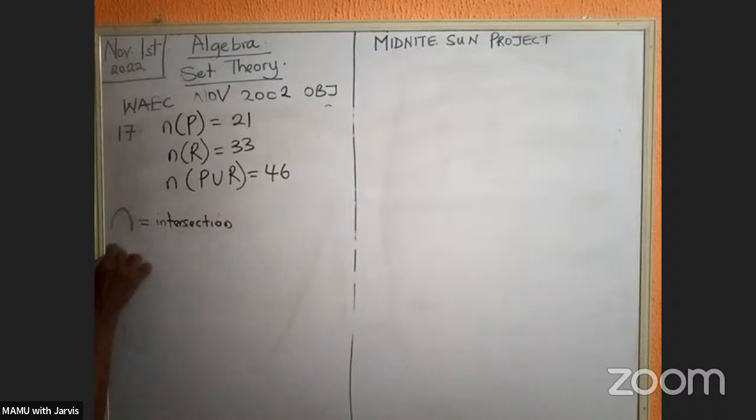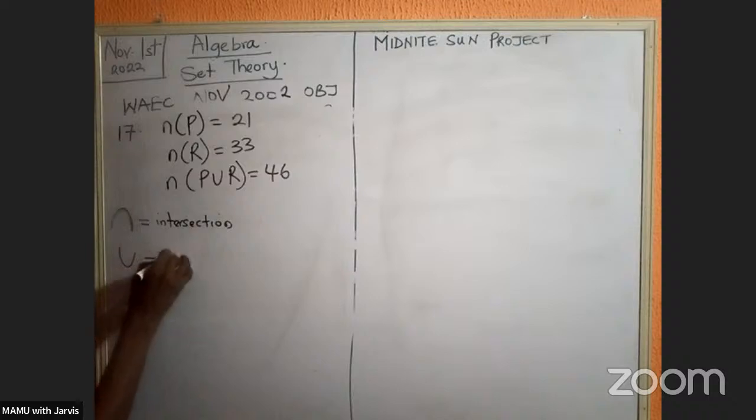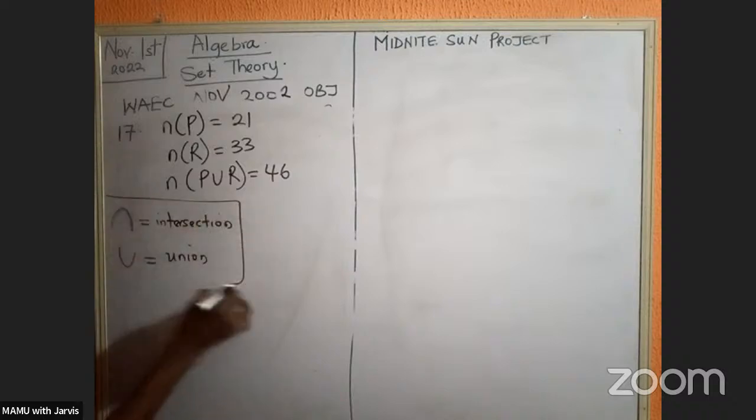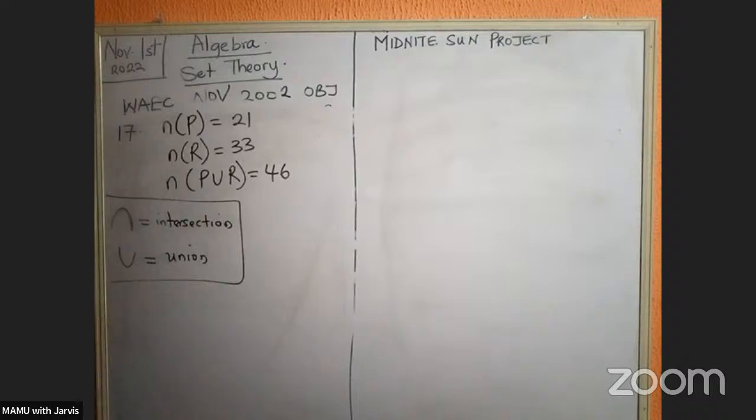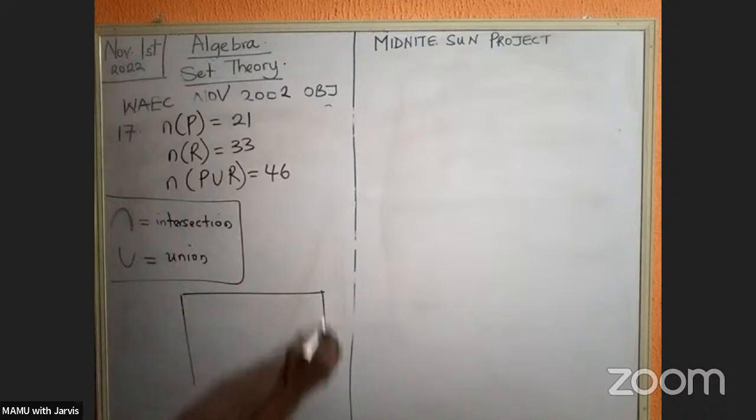Anytime you see this symbol, it's union of the set. So anytime you see this, take special note of them. And then with this given to us, I'm going to produce my set diagram. And this is what I have.